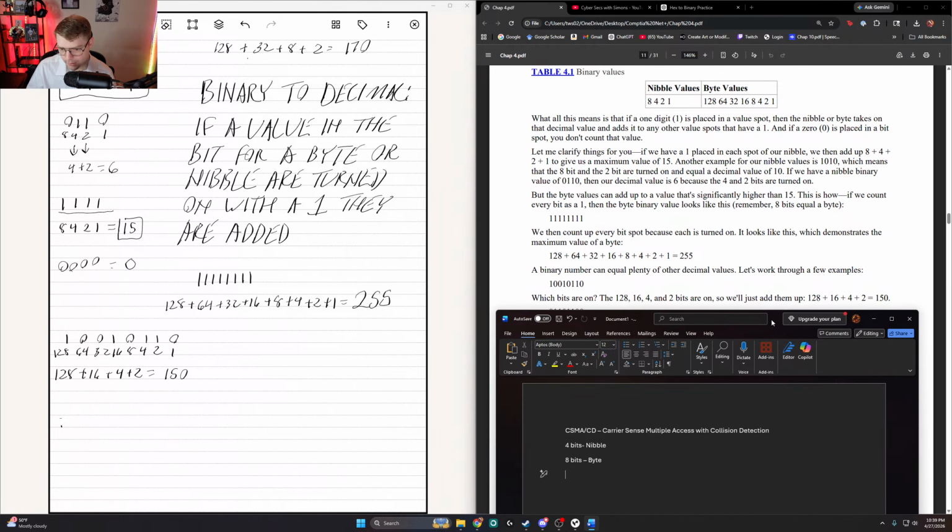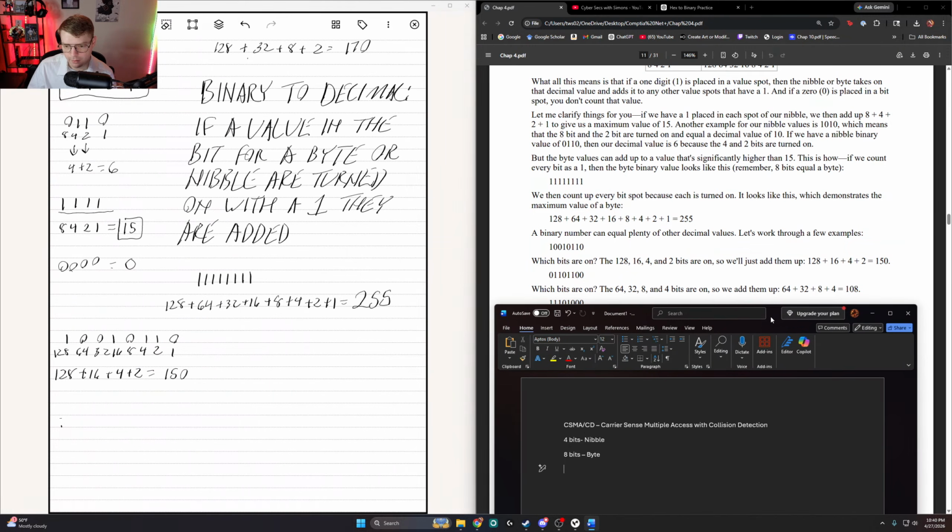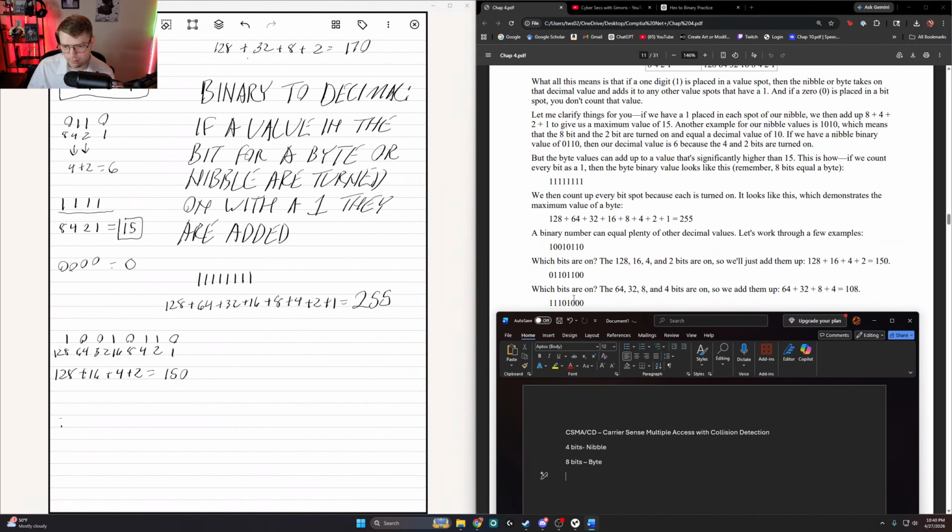Let's uncover that. And yes, 128, 16, 4, and 2 equals 150. So which bits are on? Oh, it already gave us the answer there. That's kind of lame. But let's just work through the example.